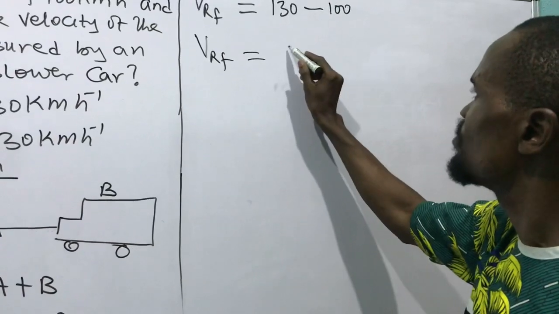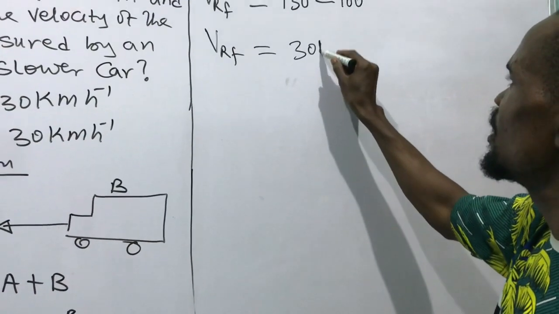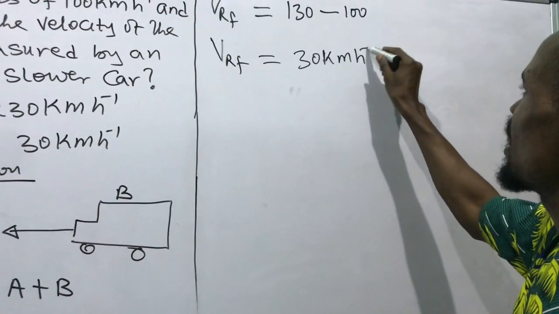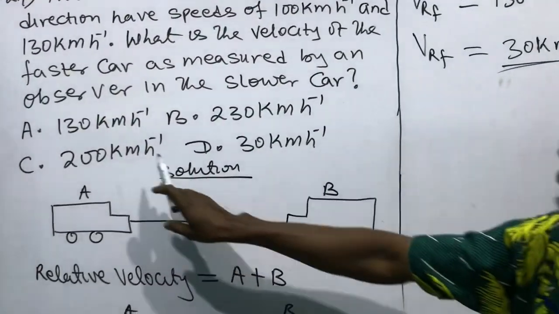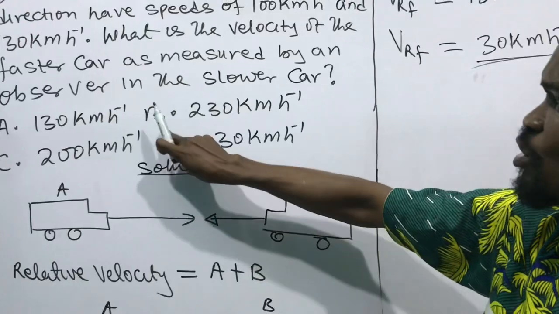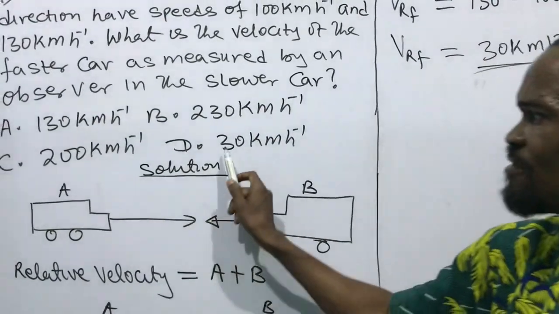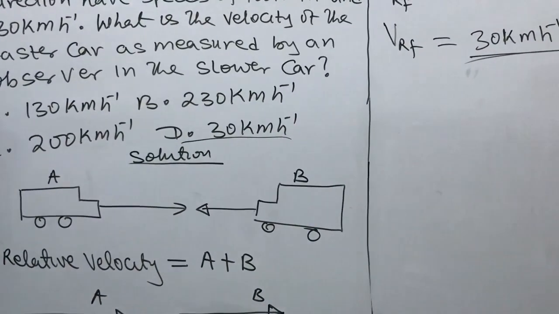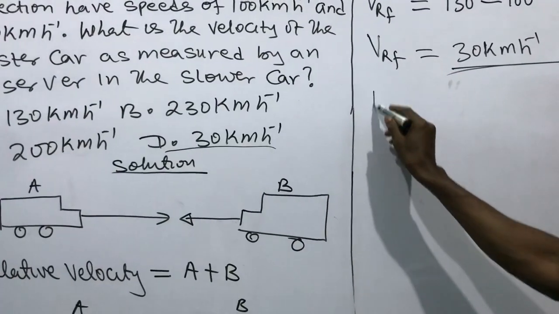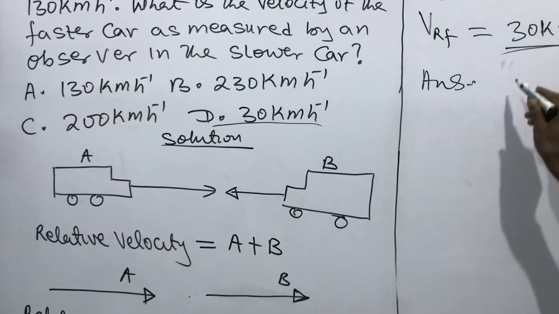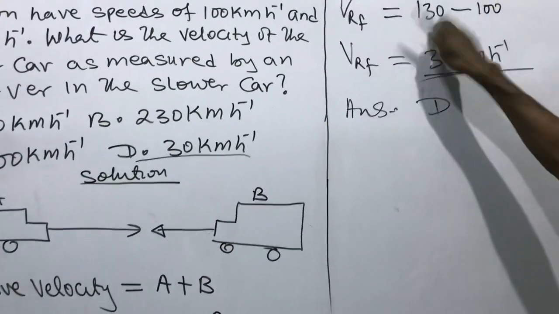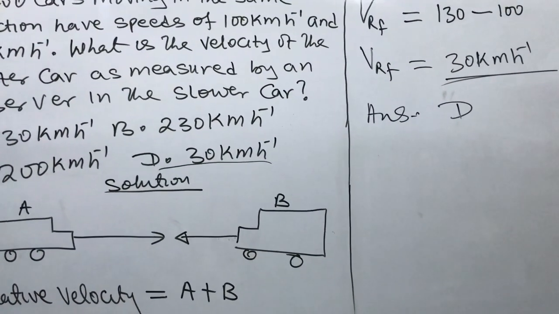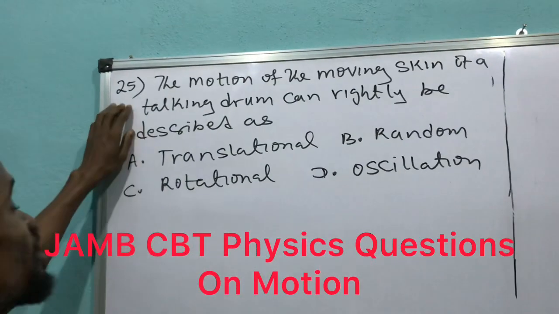This minus this will give me 30 kilometers per hour. I go to my options and look at option A, option B, option C, and I find out that option D is the correct answer. That's the relative velocity of the faster one in respect to the slow one.